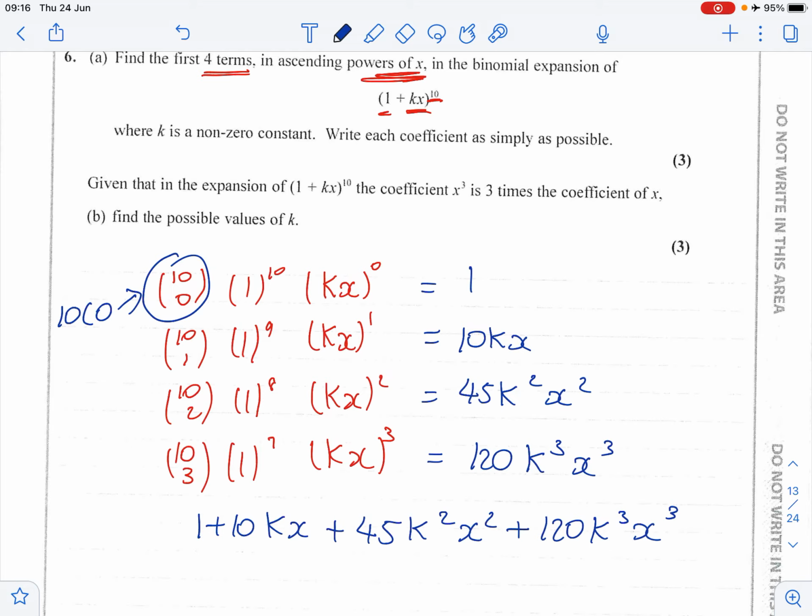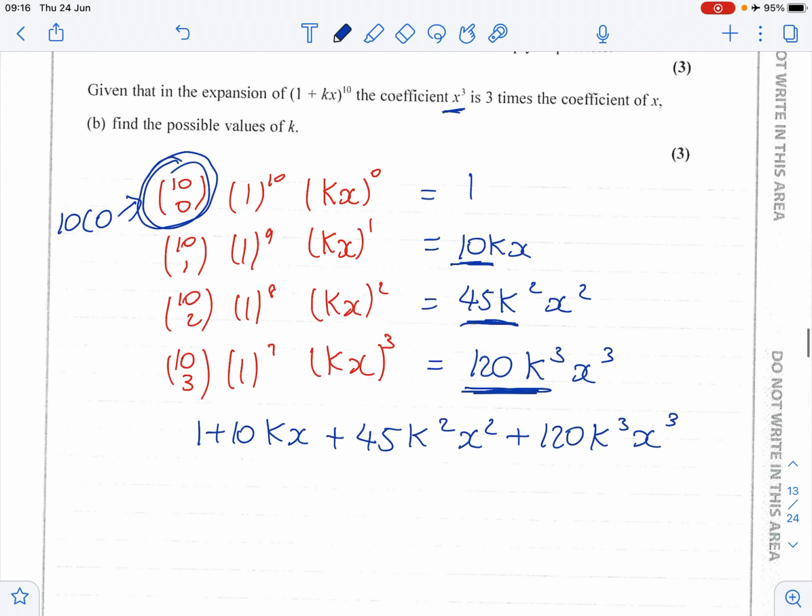Then part B, we're given this expression, the coefficient of x cubed. So remember, this is what we called the binomial coefficient, but this is the coefficient of x. This is the coefficient of x squared, and this is the coefficient of x cubed.